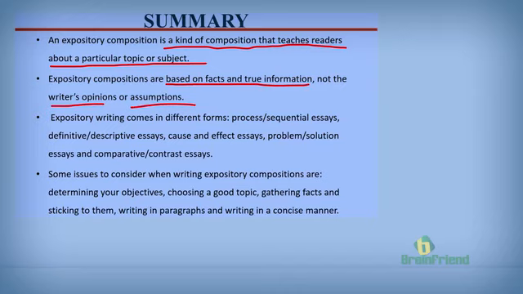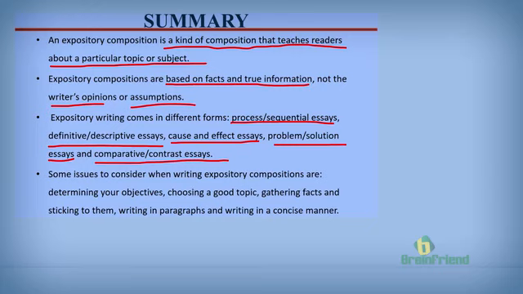We learned also that expository writing comes in different forms, and the forms of expository writing are the process or sequential essays, definitive or descriptive essays, cause and effect essays, problem or solution essays, and comparative or contrast essays.